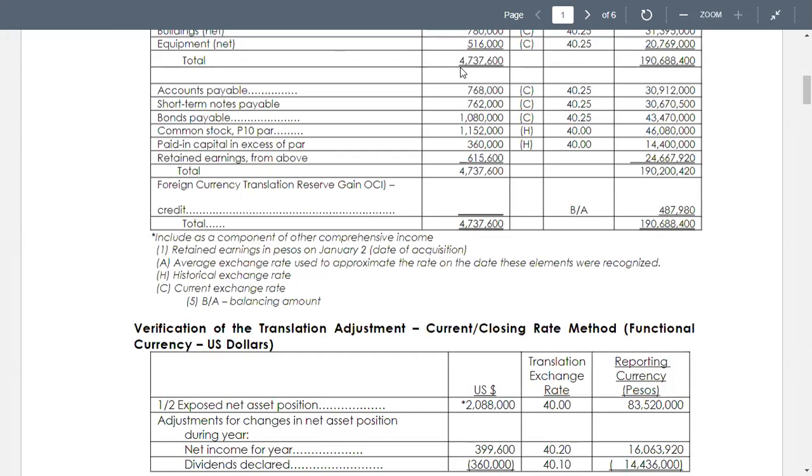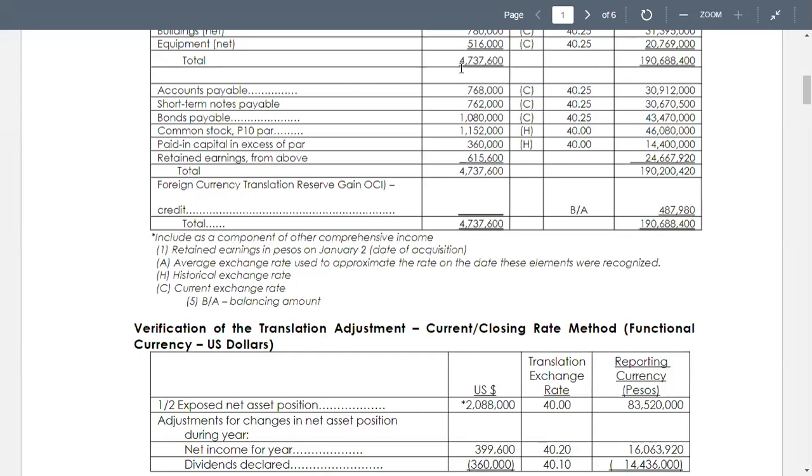So in other words, we have to write the exchange rate and the corresponding letter. I'll begin with accounts payable, 0.16 C, meaning current. Accounts receivable, 0.16 C. Accumulated depreciation, 0.16 C.